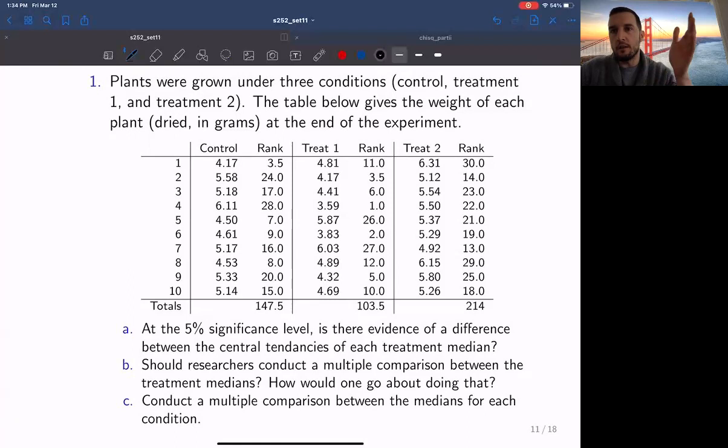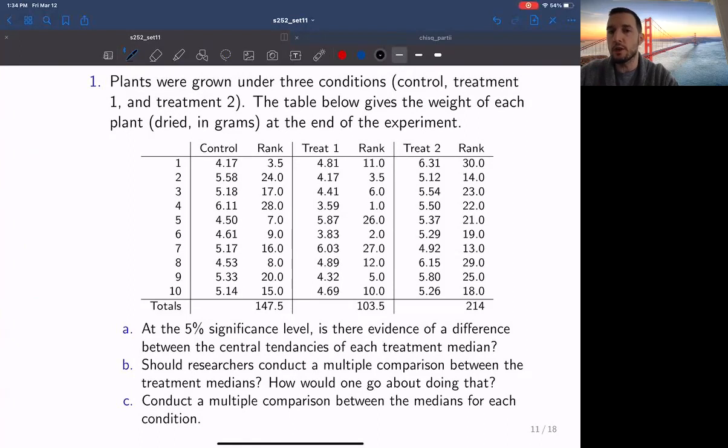Underneath control, treat 1, and treat 2, we have the weights of the plants. Underneath rank, we have the rank, where again we're comparing across the entire data set as a whole. So we're assigning from rank 1 to rank 30 across the full data set. At the 5% significance level, is there evidence of a difference between the central tendencies of each median?